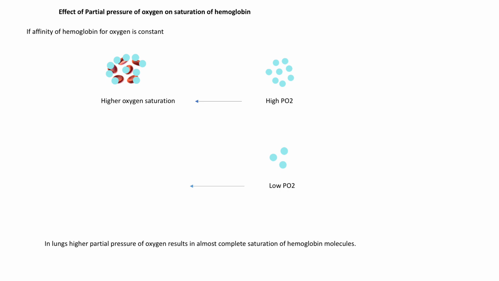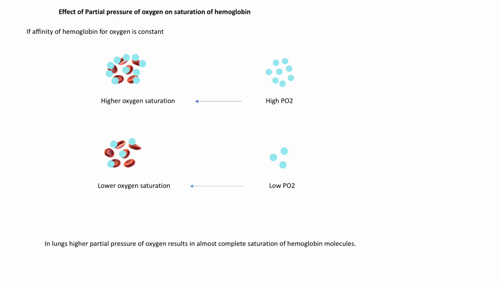On the other hand, if partial pressure of oxygen is low, oxygen will not bind to hemoglobin and saturation of hemoglobin will not increase. And if oxygen saturation is initially high and partial pressure is low, oxygen will dissociate from hemoglobin and it will increase the amount of dissolved form and increase the partial pressure of oxygen.